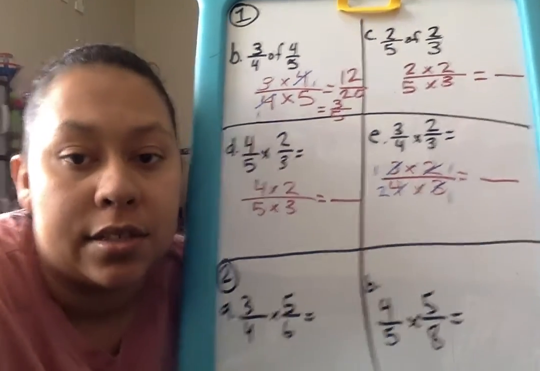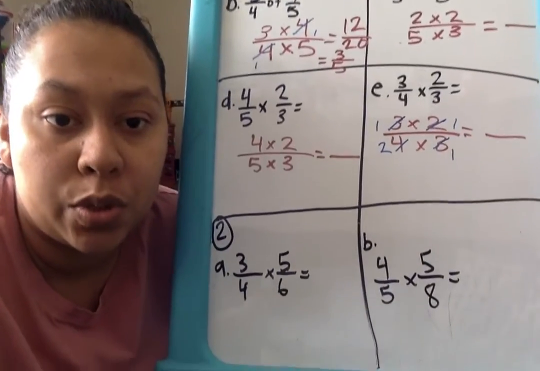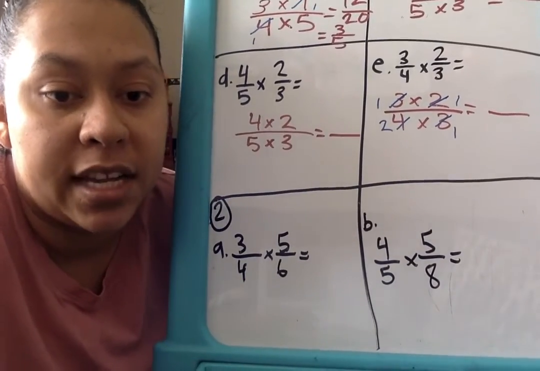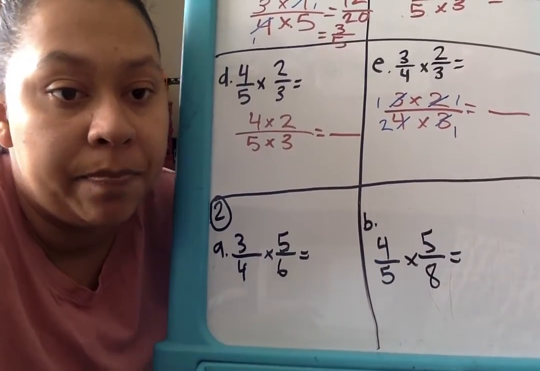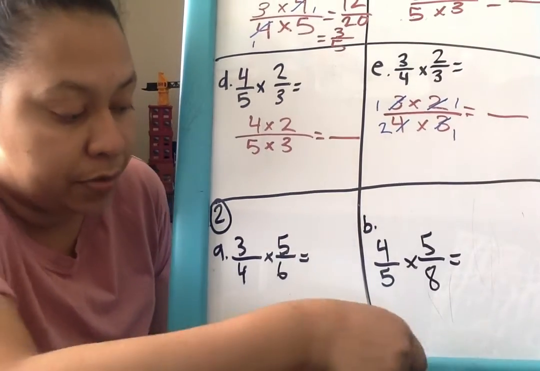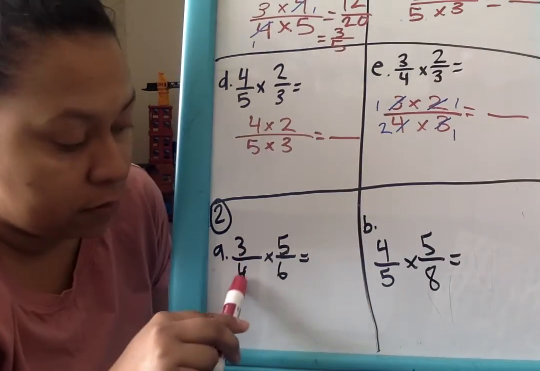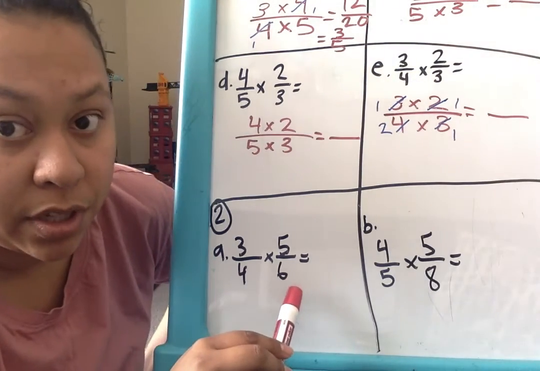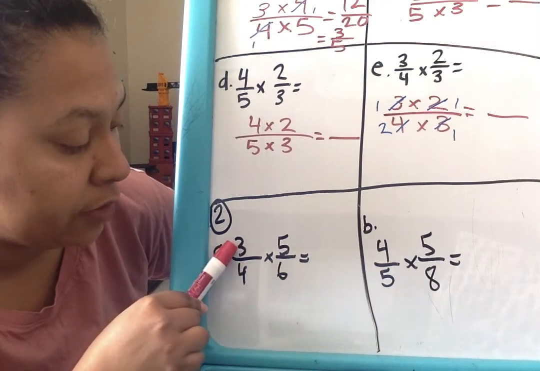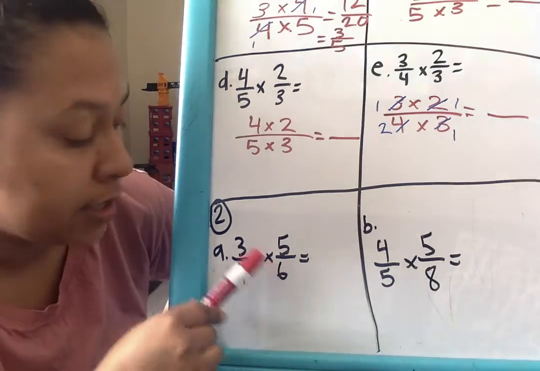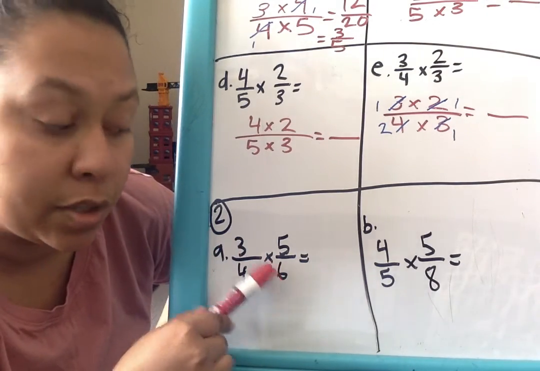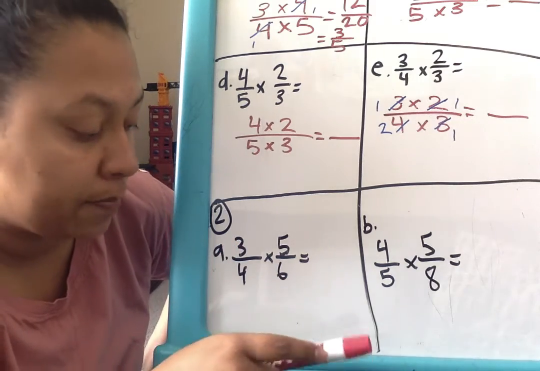Okay, so now we're on part 2. So this one, you are going to first simplify and then multiply your factors, okay? So I wrote out most of it for you. So we have 3/4 times 5/6. So we're going to simplify first. So we have 3 and 6. The 3 is a multiple of 3, 6 is a multiple of 3. So both of these we're going to divide by 3.